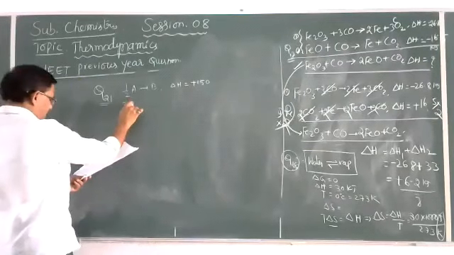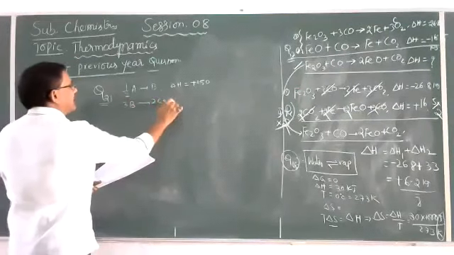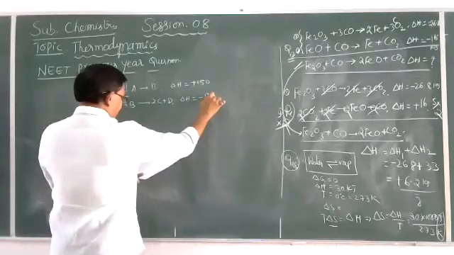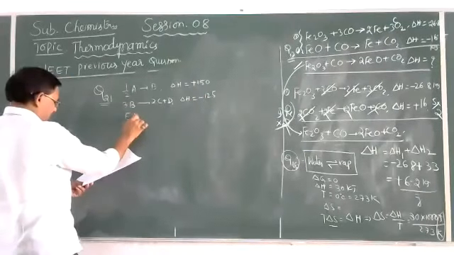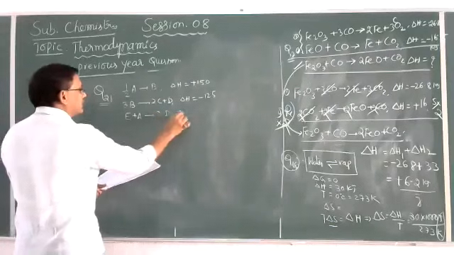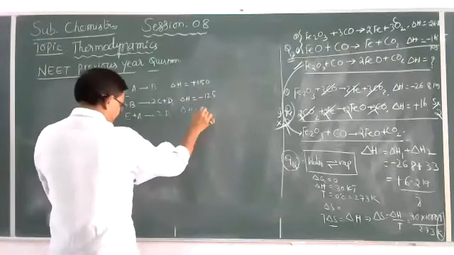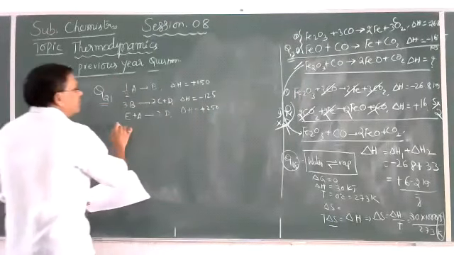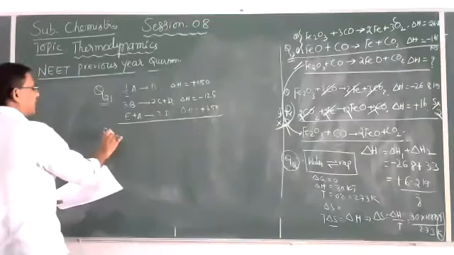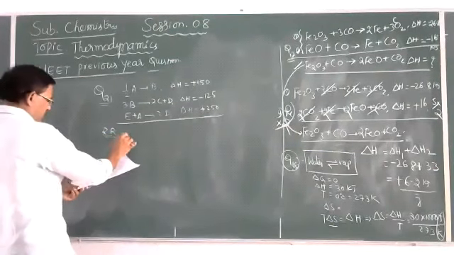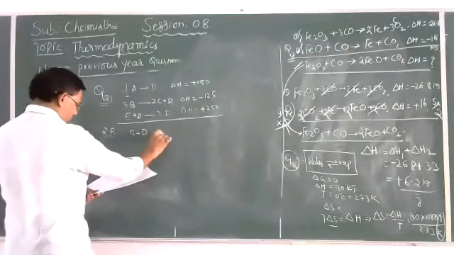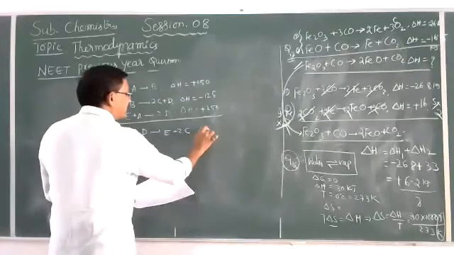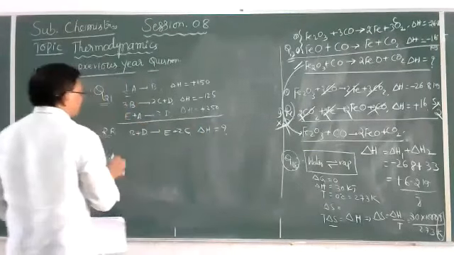Then B gives 2C plus D, delta H is equals to minus 125. E plus A gives 2D, delta H is equals to plus 350 kilojoules. By using all these, the required reaction is B plus D gives E plus 2C. In that case, delta H is equals to how much?